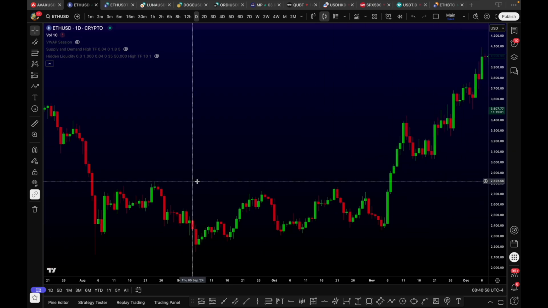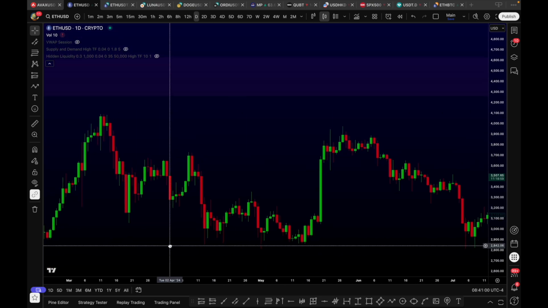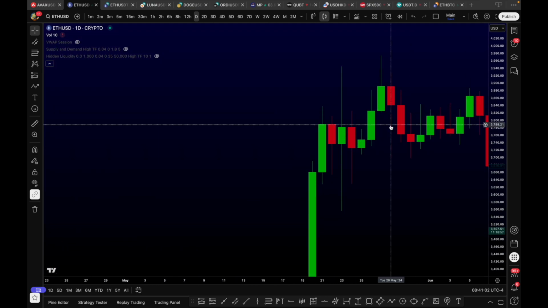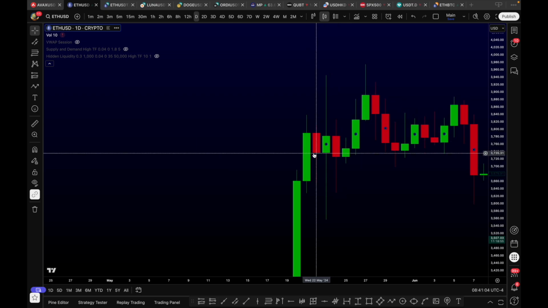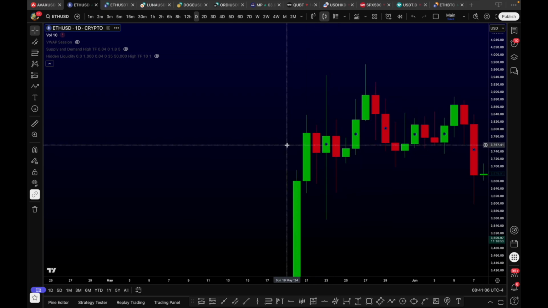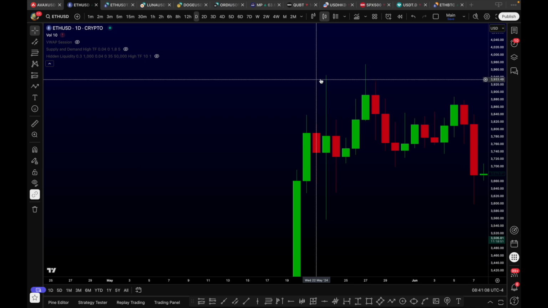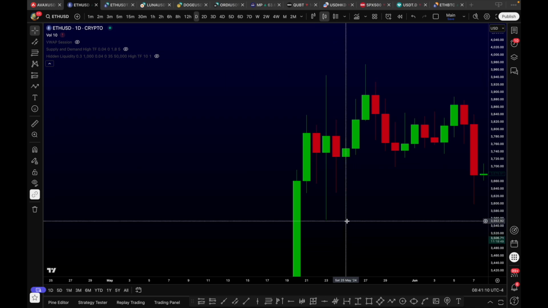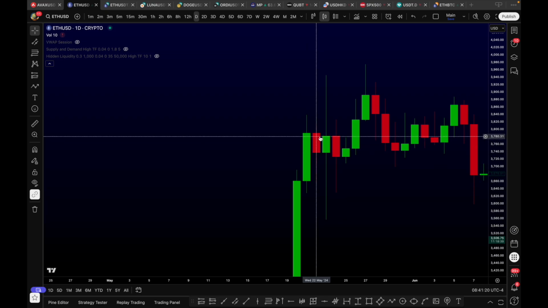So let's look at the wick candle. This one is actually a good example. Price was opening here, price was closing there. In between, price went up and went down, but it was not supported either way. It just hunted liquidity. It hunted stops to the upside, it hunted stops to the downside. But in the end, we opened here and closed here.